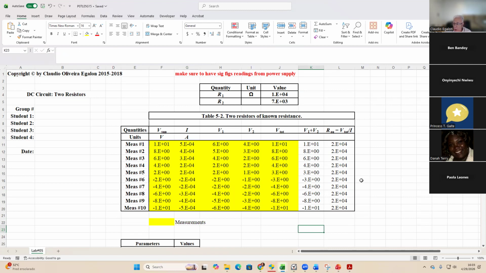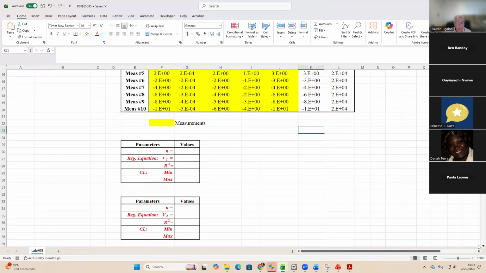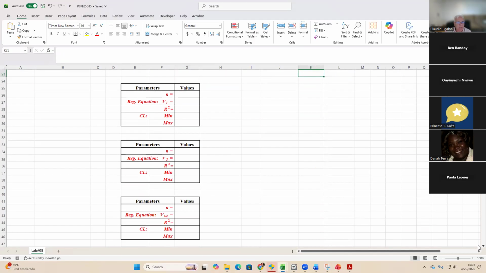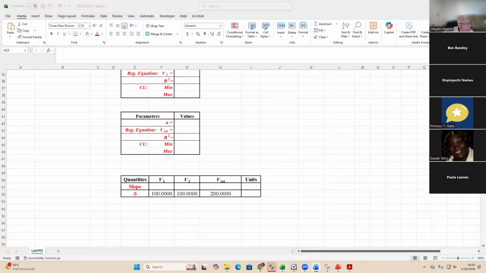What do you have to plot? That's the important part, right? Now that we have all the data, measuring, set up the circuit.